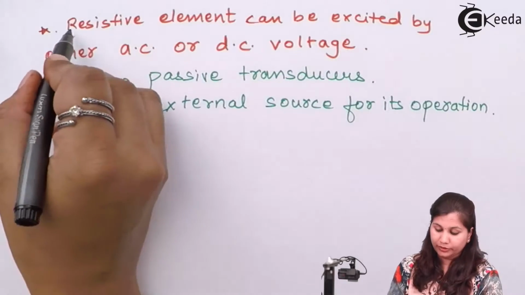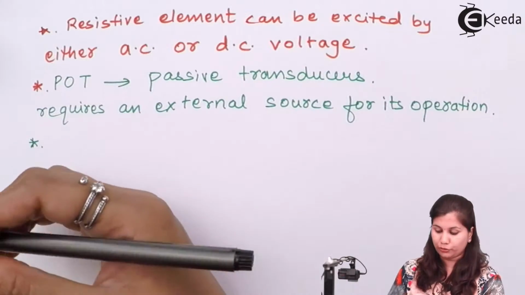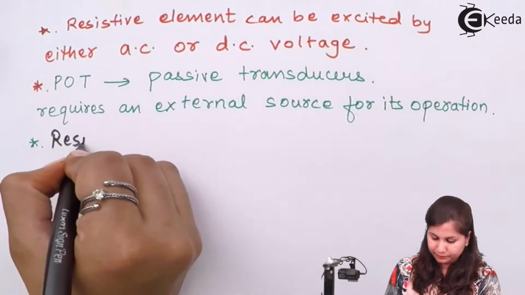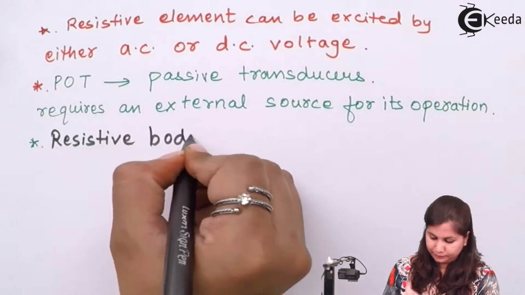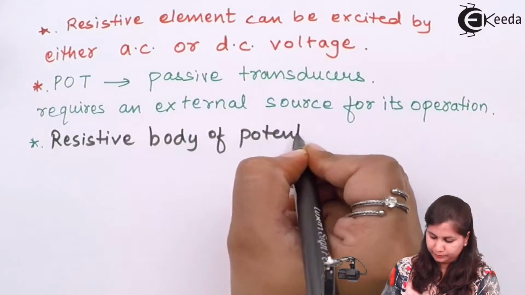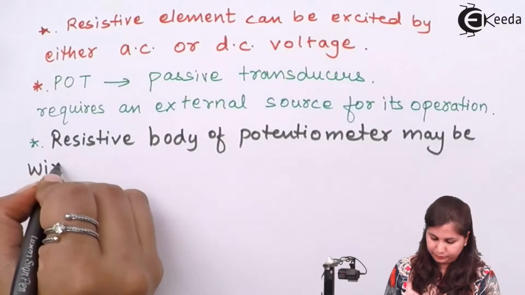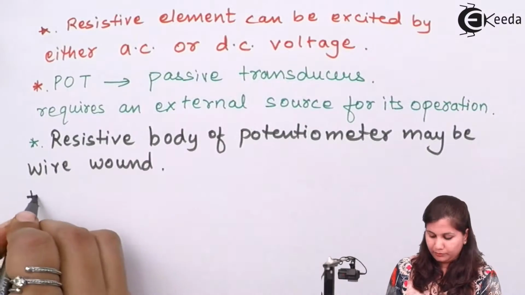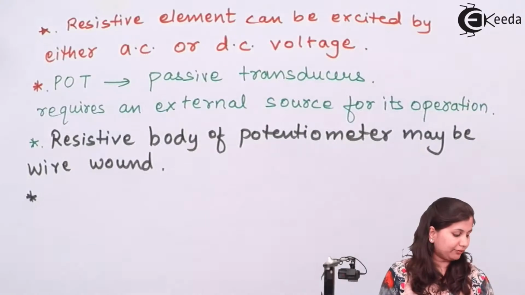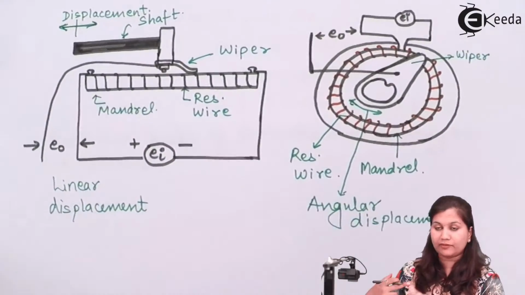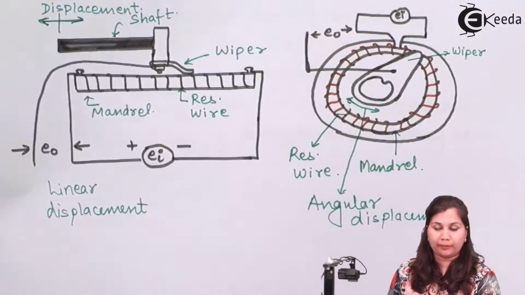Now the resistive body of the potentiometer may be wire wound. You can see in the diagram that we have the mandrel, and on this mandrel the resistive element is wound.